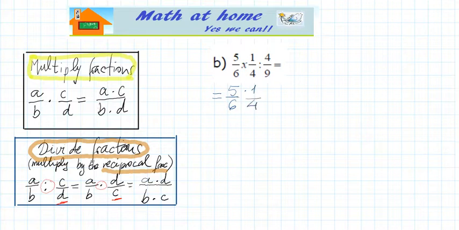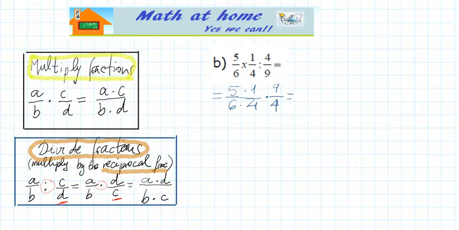So we multiply 5 times 1, 6 times 4, and then times 9 over 4. This is the reciprocal fraction of this, and we have changed the division by a product.